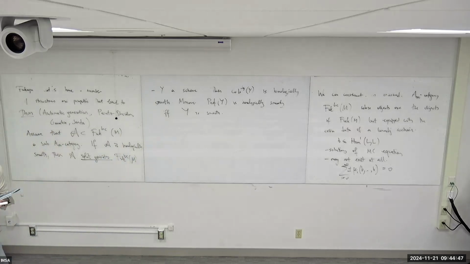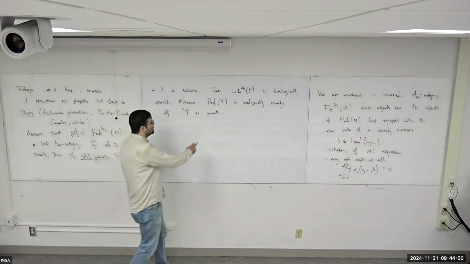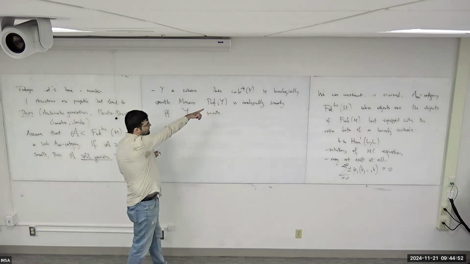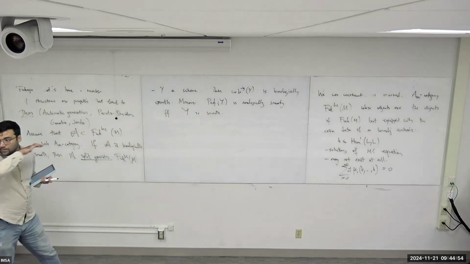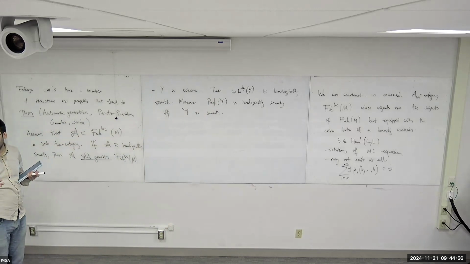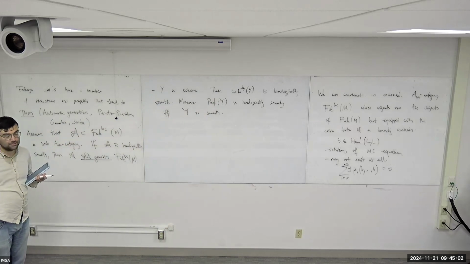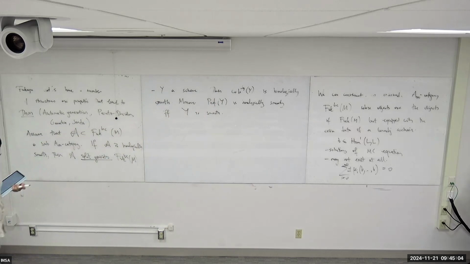Can I repeat? Yes. So perf is a subcategory of this coh. The coherent sheaves that I consider are the ones which have locally resolutions by free sheaves. Finite resolutions. Yes, it's important that it's finite.